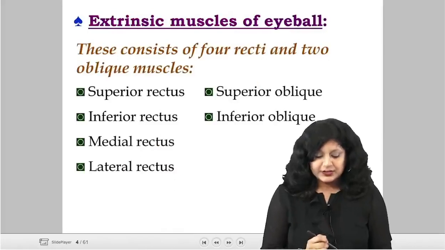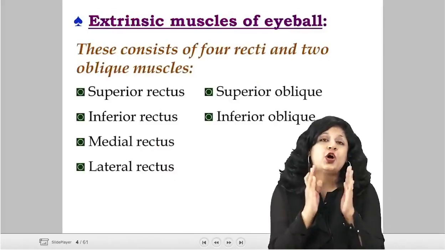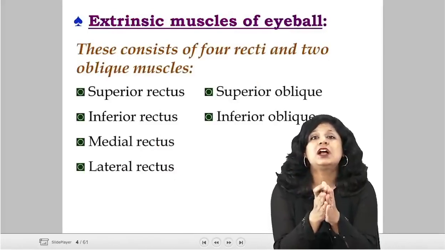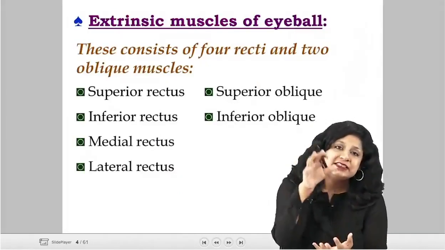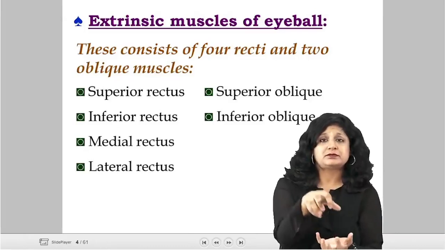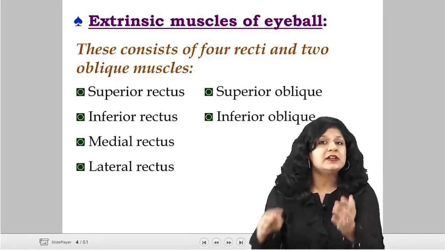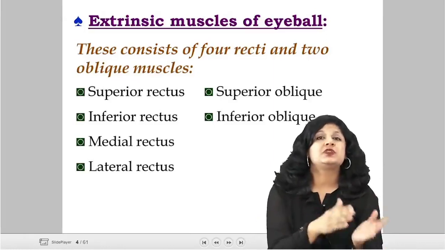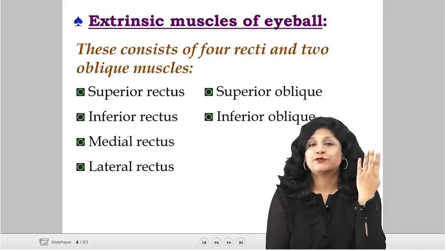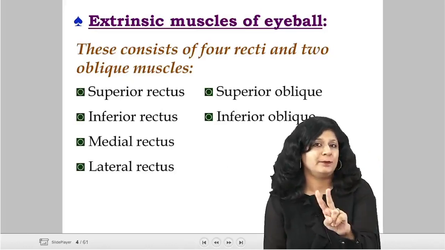Now if we are talking about the globe muscles, those muscles which are inserting over the globe are basically involved in the ocular movements. These are the 6 pair of muscles, the 4 rectus muscles and the 2 oblique muscles.